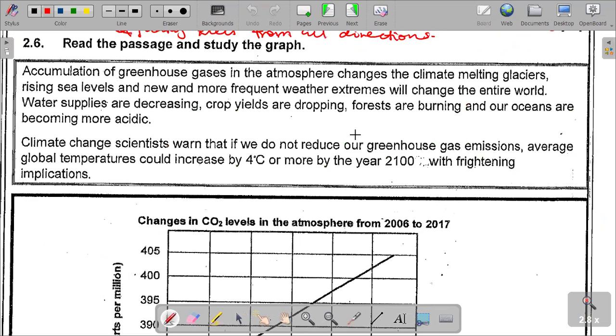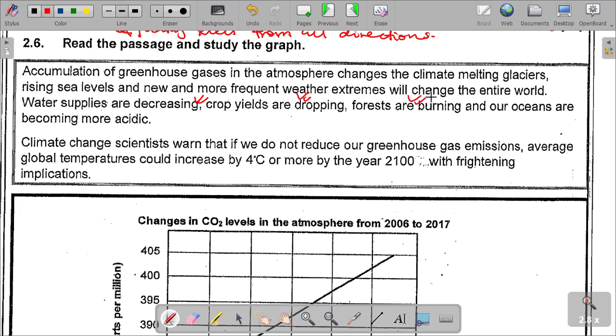Let's go to question 2.6. Read the passage and study the graph. Accumulation of greenhouse gases in the atmosphere changes the climate: melting glaciers, rising sea levels, and new and more frequent weather extremes will change the entire world. Global warming, I'm sure. Water supplies are decreasing. Yes. Crop yields are dropping. Yes. Effects of global warming.